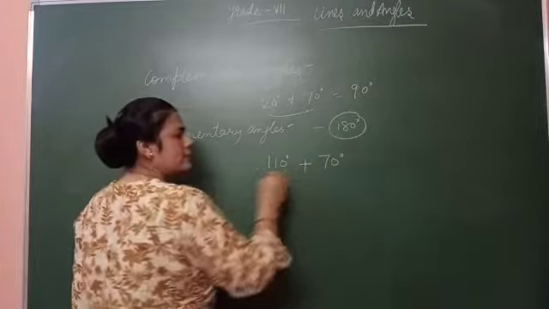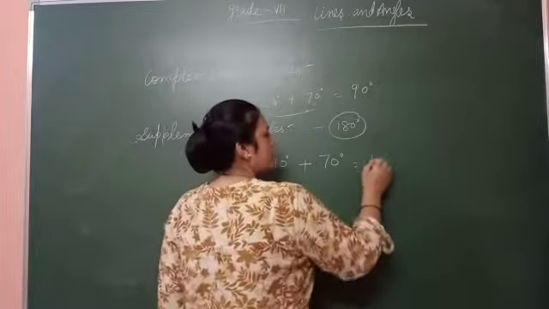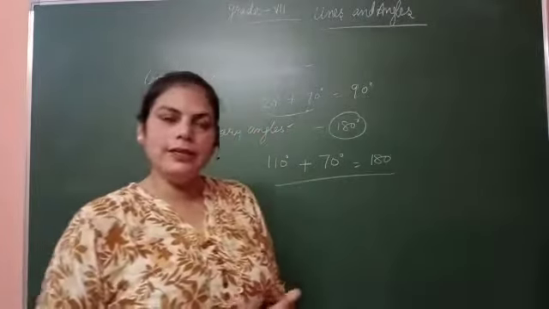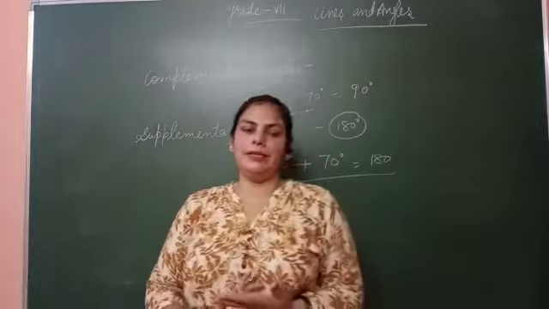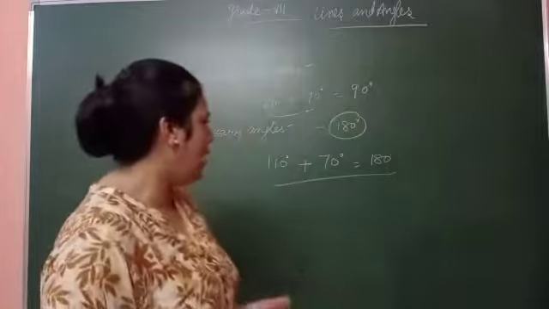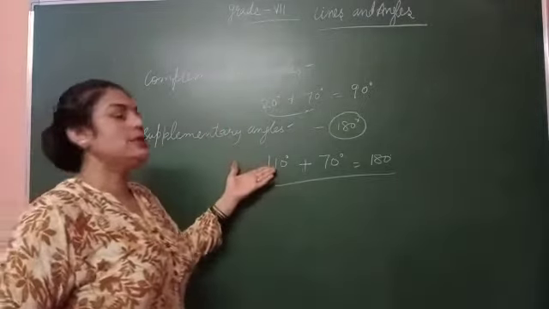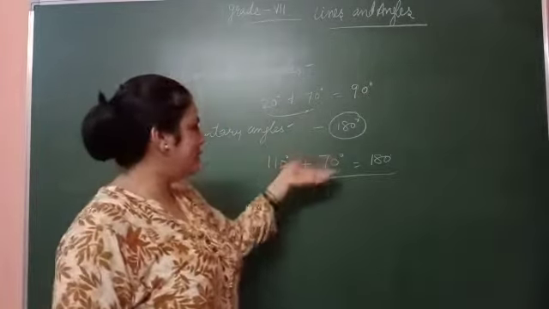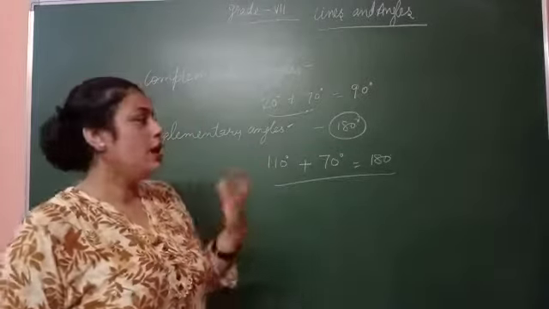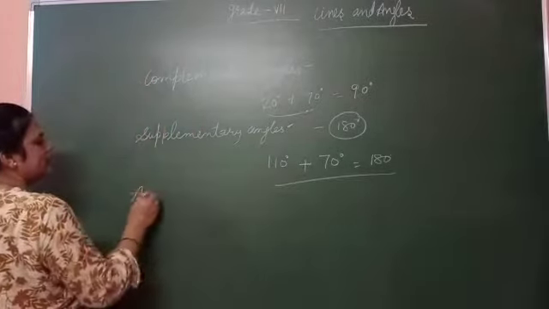So their sum is 180 degrees, and these are called supplementary angles. So 110 is the supplement of 70 degrees, and 70 degrees is the supplement angle of 110 degrees. Clear? Now next, come to adjacent angles.